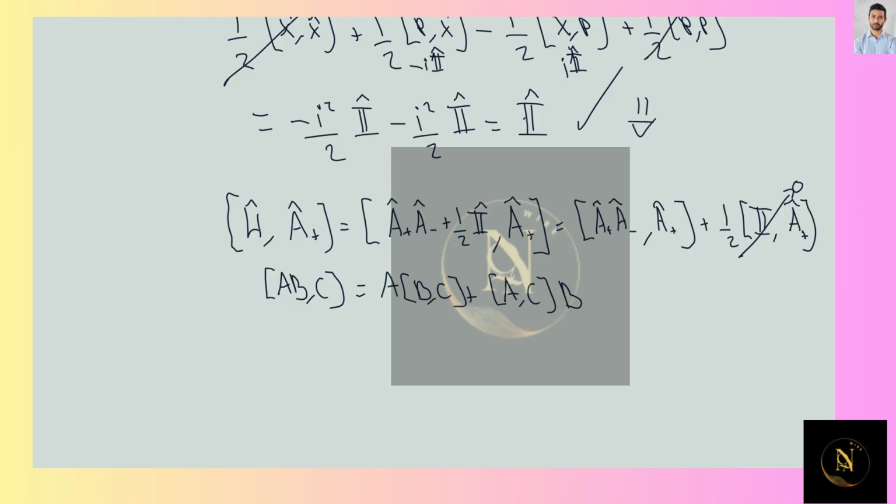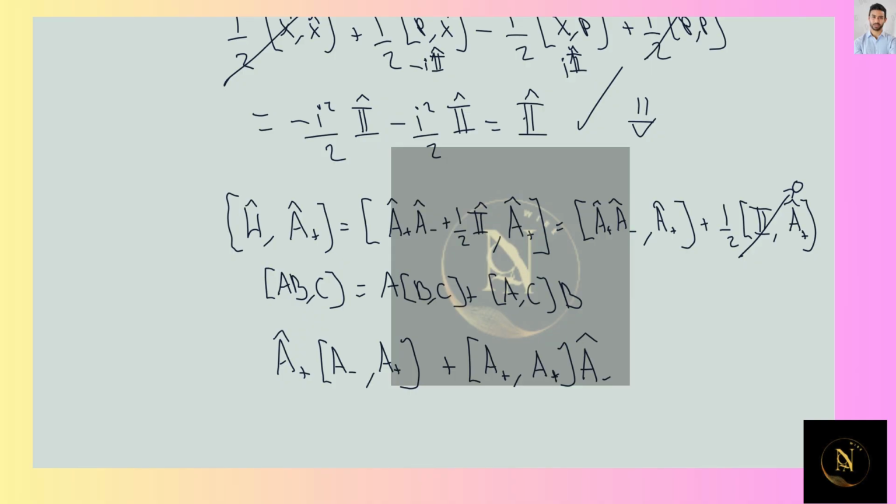We take out the one on the left outside, and we have the commutator of A minus with A plus. Now we keep the one on the left, and we take the other one to the other side.